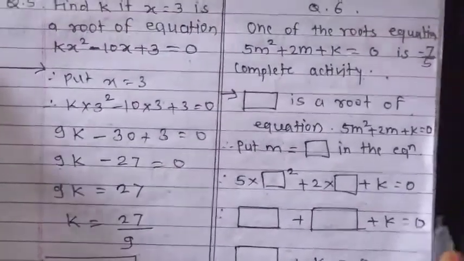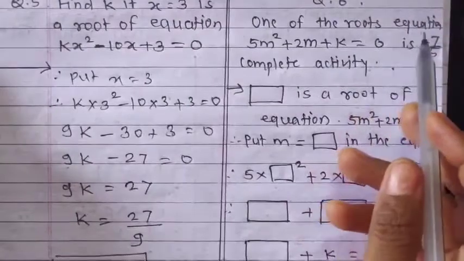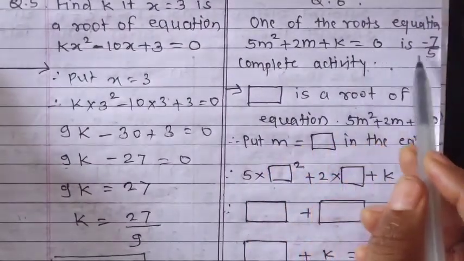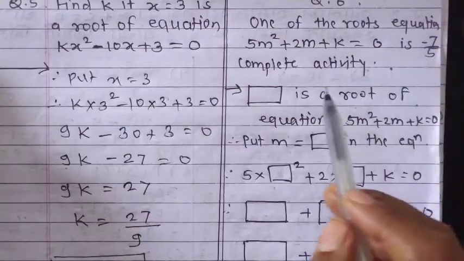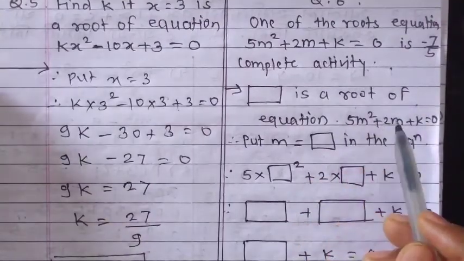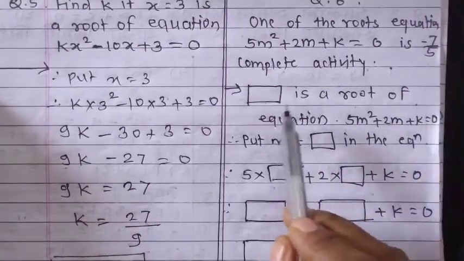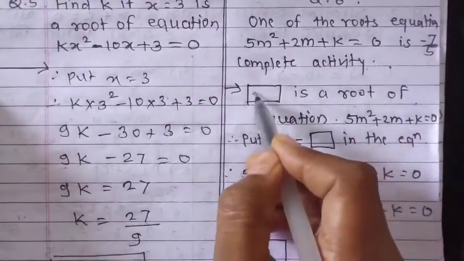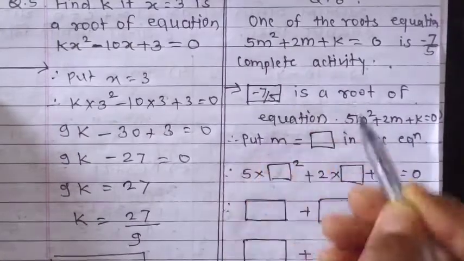Then the next and last question is: one of the roots of the equation 5m square plus 2m plus k equal to 0 is minus 7 upon 5. Complete the activity. Here we complete the activity, that is, dash dash is the root of the equation that is given, that is minus 7 upon 5.